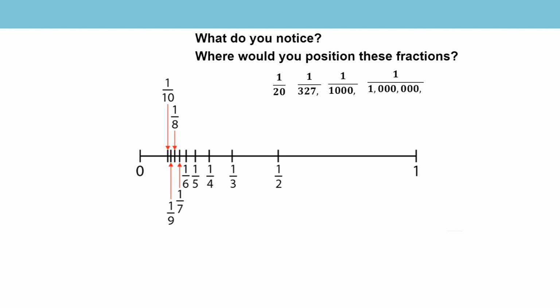Where would 1/20th be? You would be right if you said it would be halfway between 0 and 1/10, because that is where 1/20th would lie. So well done. We know the fraction with the greatest denominator will always be closest to 0. So in this case, it would be 1/1,000,000th.